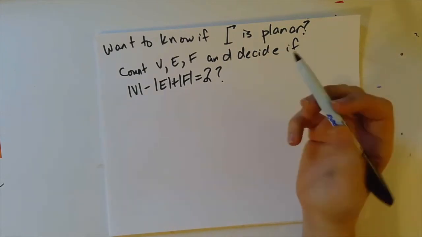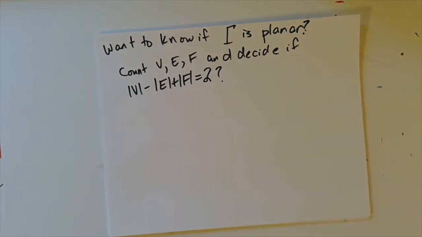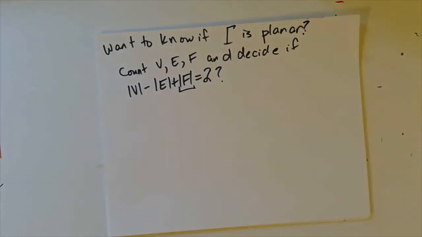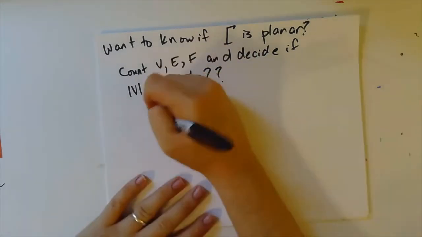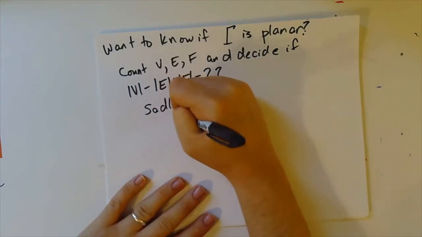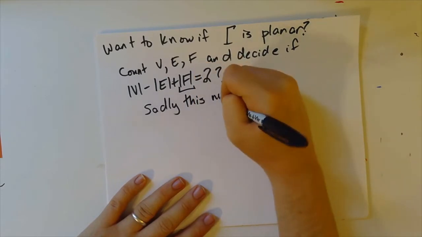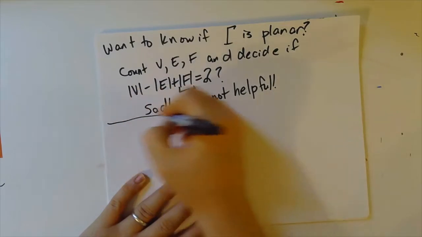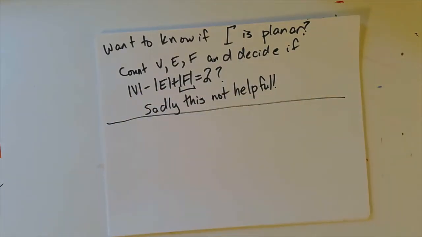Sadly, if you think about it, this doesn't actually work, because I only can figure out what the number of faces is if my graph is already planar, and I already know a planar representation of it. So sadly, this is not helpful. In other words, I'm going to need to work harder to show that a graph isn't planar using this theorem.